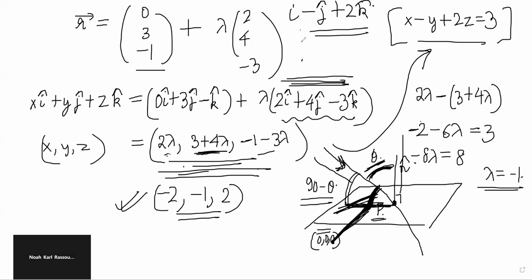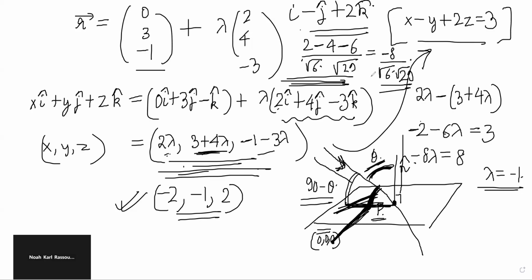Correct? So the dot product is 2 minus 4 minus 6, divided by the mod of root 6, and the mod of this is 4 plus 16, 20 plus 9, root 29, right? So we are getting minus 8 by root 6 into root 29.